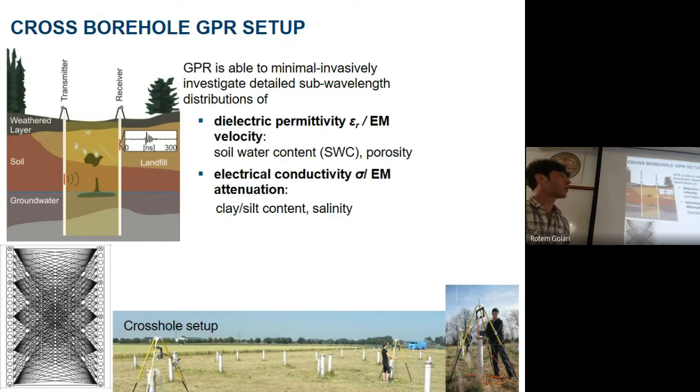The second parameter that we can get the distribution of, and the wave propagation is affected by, is the electrical conductivity, which is related to the electromagnetic attenuation. And lithologically, it is related to clay content and to salinity of water, if there is, in the soil.